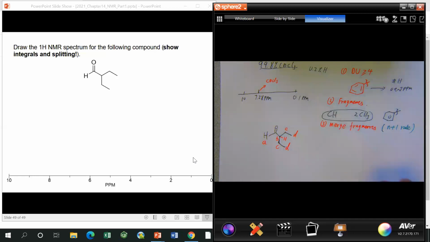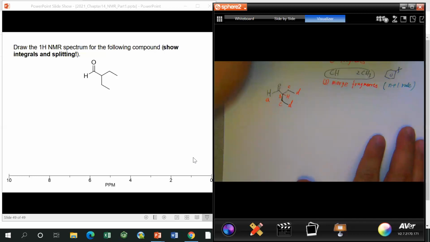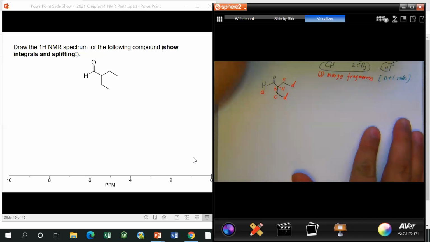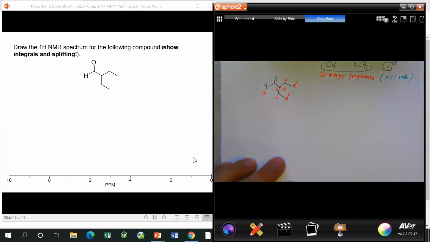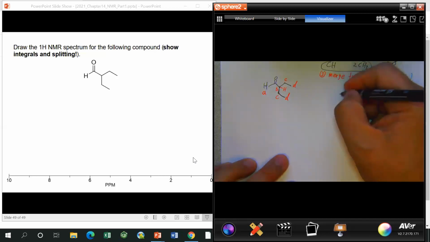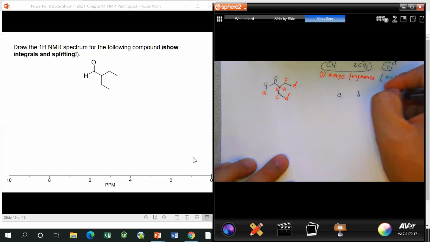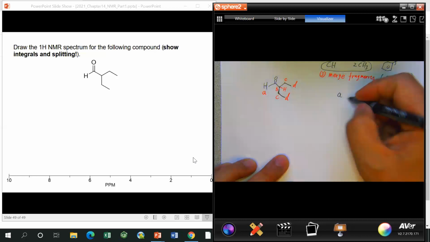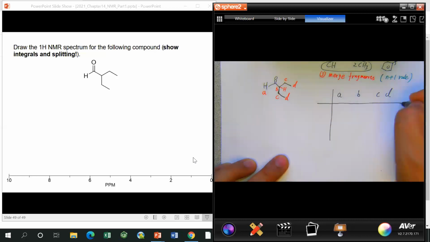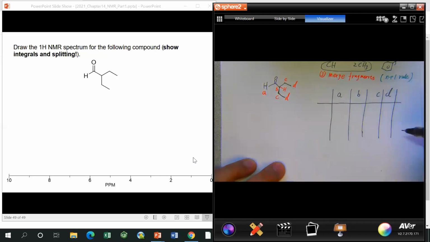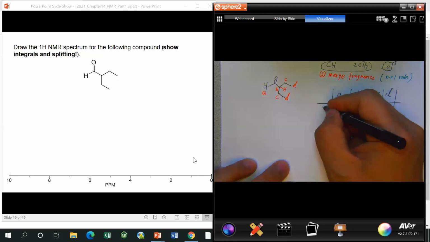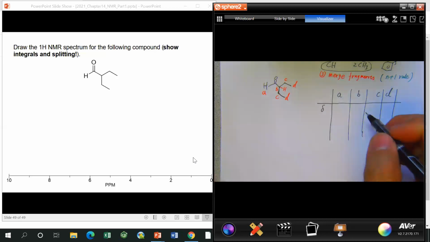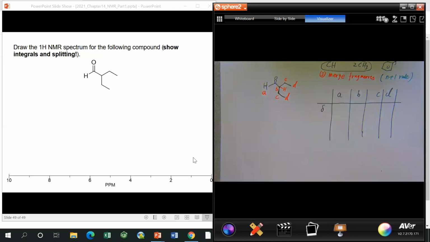For beginners, my suggestion is to develop a small table, and label here the chemical shift, integration, and here the splitting pattern. We label A, B, C, D, the 4 signals, and the first row will list their chemical shift, delta, in ppm. For that you need to use the NMR chart, so make sure to bring your NMR chart for the exam and quiz.